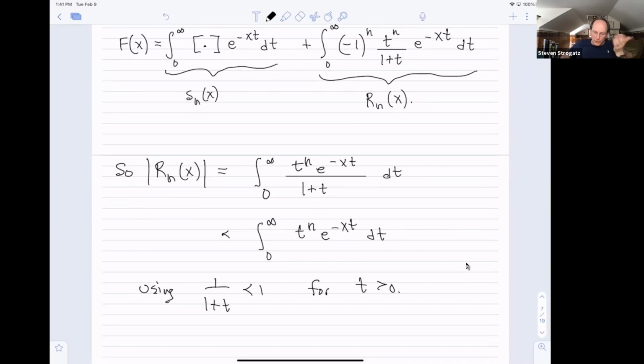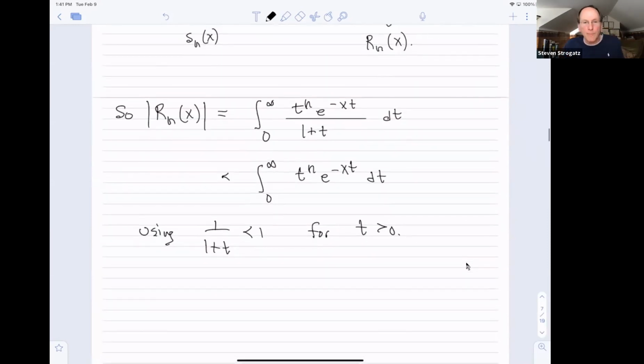And so those integrals, I mean, we already know how to do those. I mentioned them earlier. These are just equal to n factorial divided by x to the n plus 1. So there's our estimate. Now, what's interesting is that that's the next term in the series.